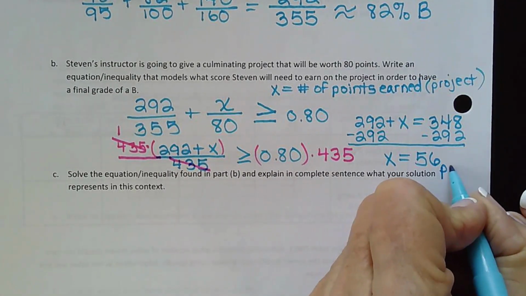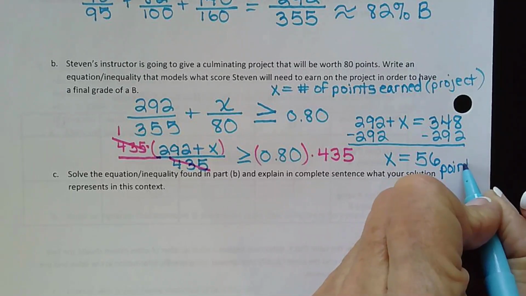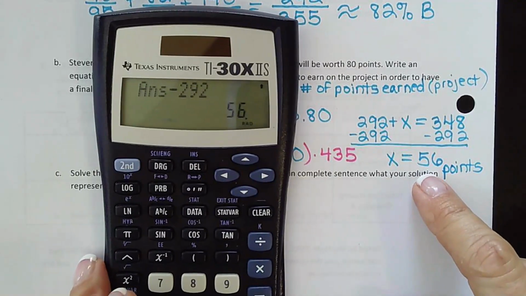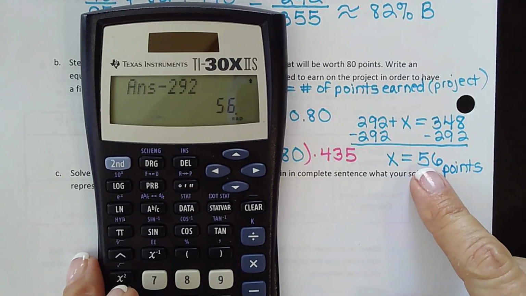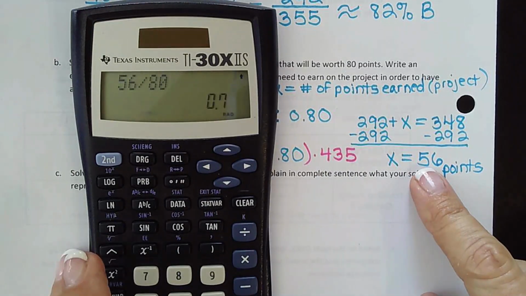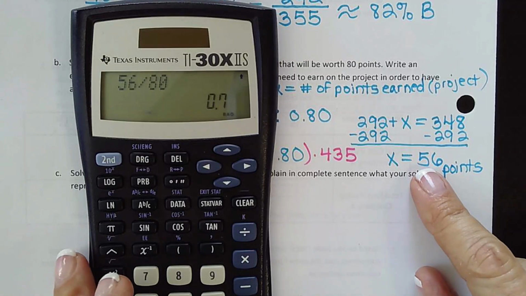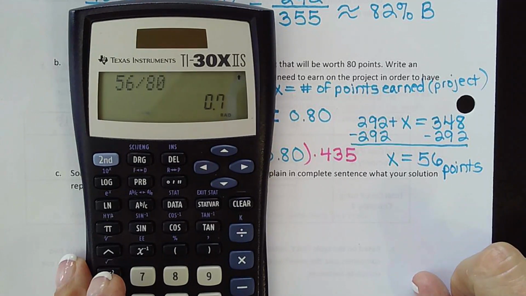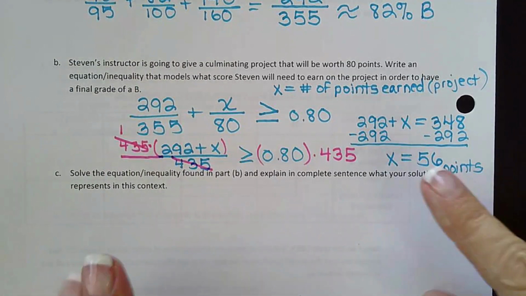So don't write percent, it's points. And if you wanted to see what percent it was, remember how I said I bet it has to be a high C or a low B? Do 56 divided by 80. Oh, straight C. We'll still give him a B in the class on the project. But they didn't ask that.